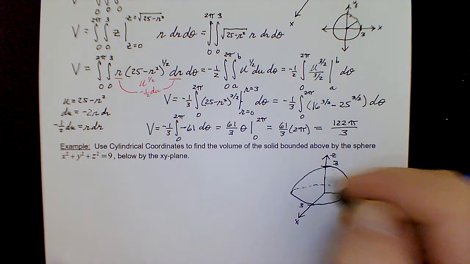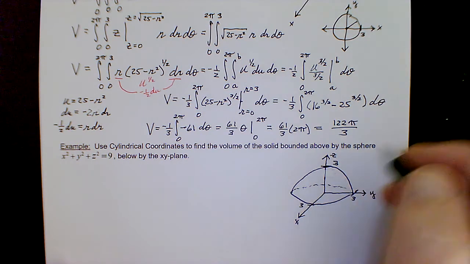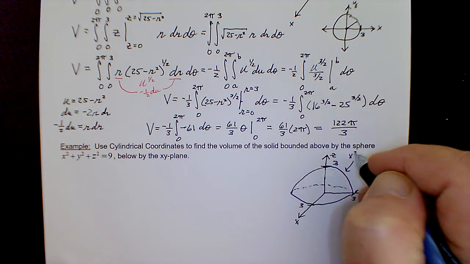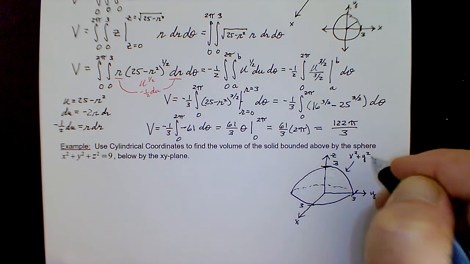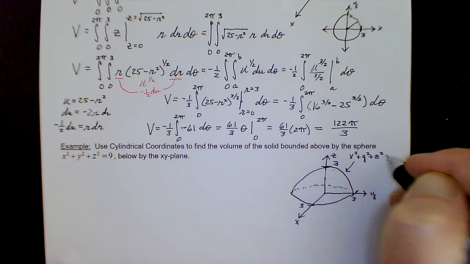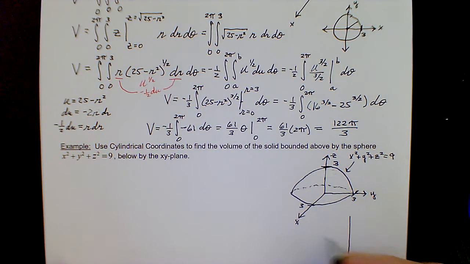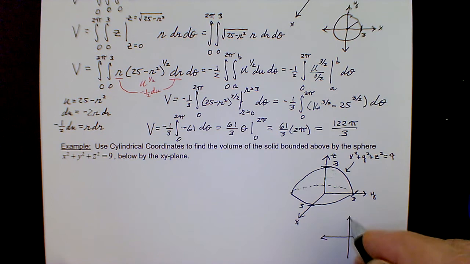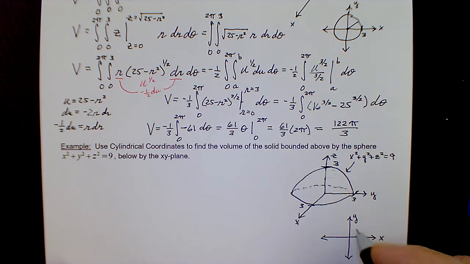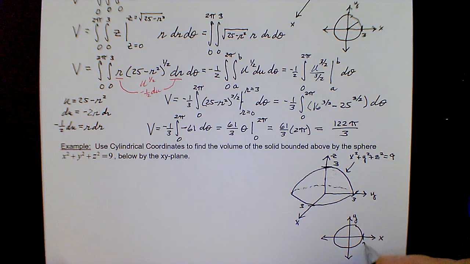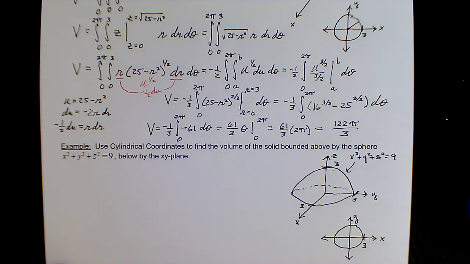Okay, so all that it is the top half of the sphere, and its equation is x squared plus y squared plus z squared is 9. Okay, and if you wanted the xy plane, it's just going to be a circular base with a radius of 3 as well.